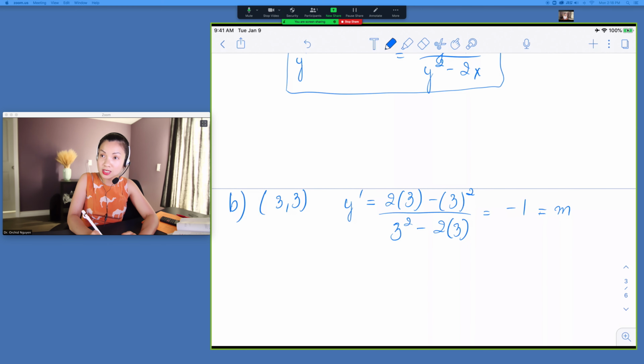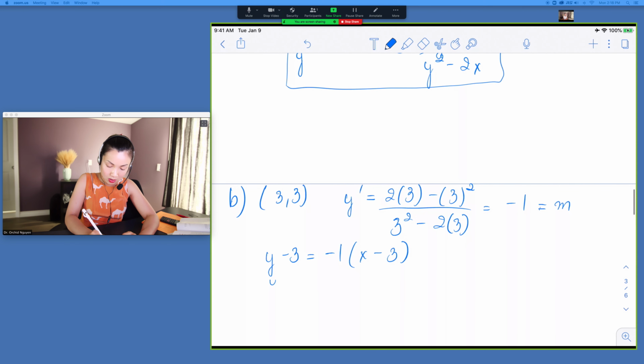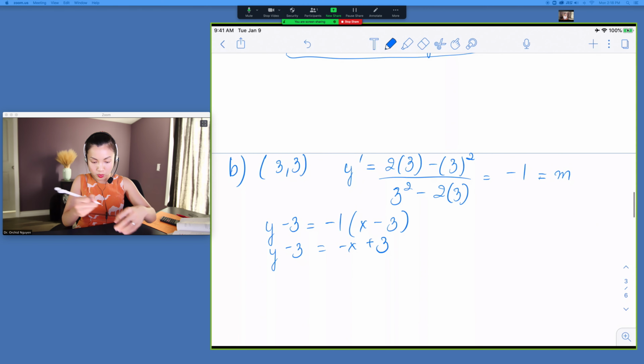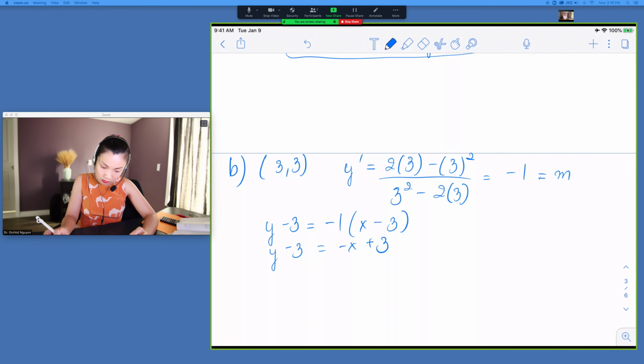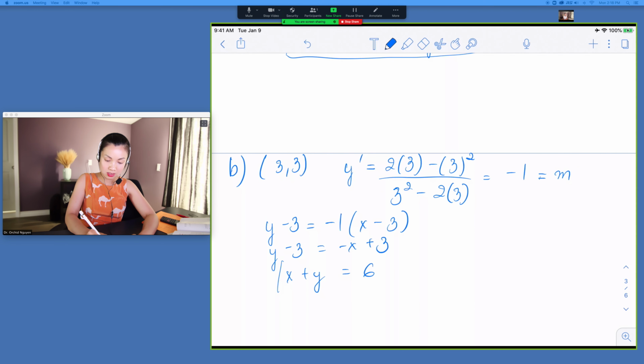All right, once again, I'm just going to plug it in. y minus 3 equals the slope times x minus 3. Negative x plus 3. Let's do some rearranging. So what I have is x plus y equals 6.